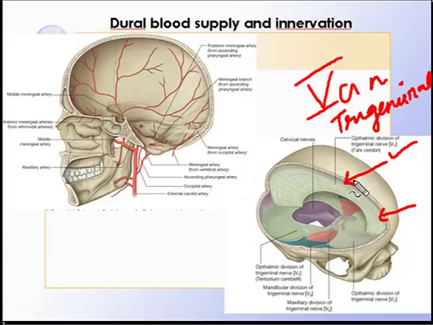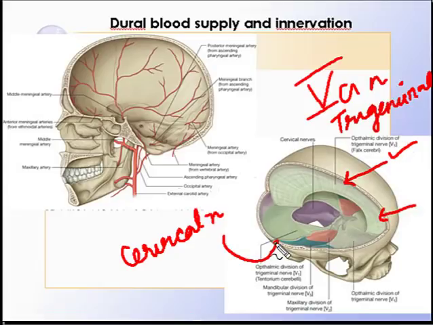So you'll get frontal headaches or parietal headaches, and that's because of the nerve supply. The infratentorial part of the dura mater is supplied mainly by cervical nerves. So the infratentorial part, which is underneath here, is supplied by the cervical nerves.